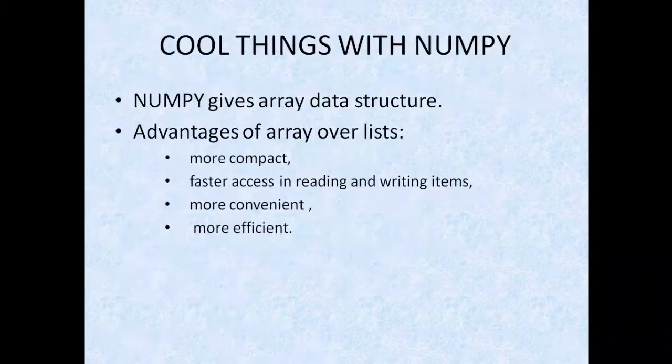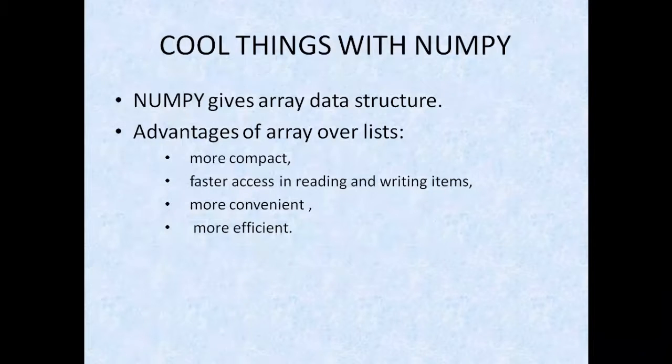Okay, what are the things with NumPy that are really cool? What are the advantages we have in NumPy? Actually, I told you the real Python package which came with Python just had lists, but we needed arrays. So what are the advantages of array over list? NumPy gives the array data structure. Using arrays, it is more compact.